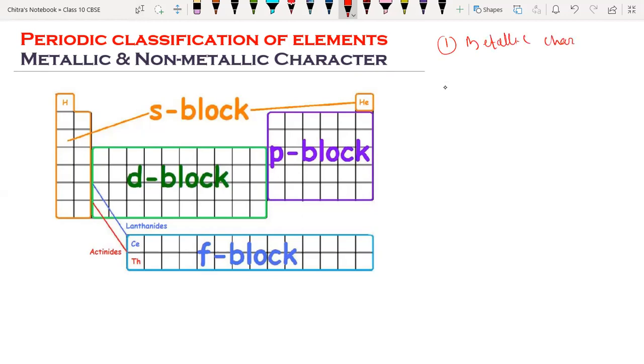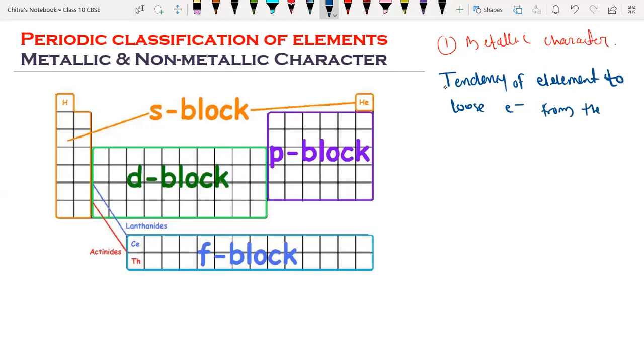Metallic character is nothing but the tendency of an element to lose electrons from their valence shell.